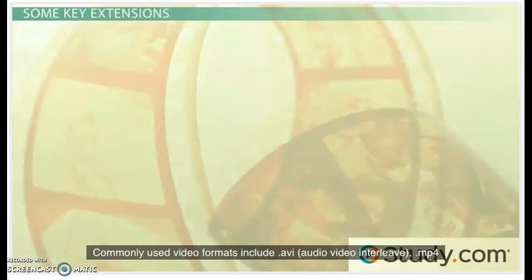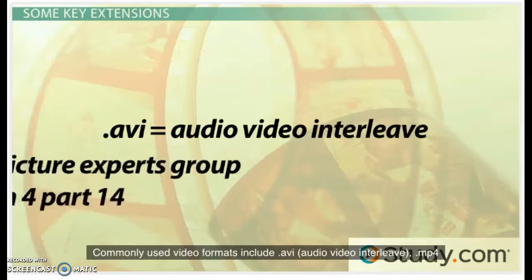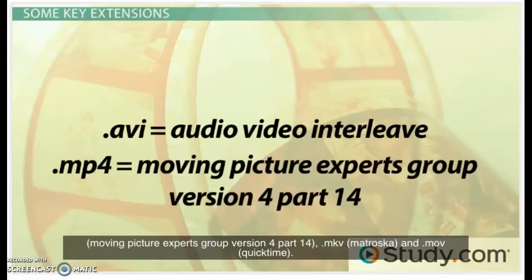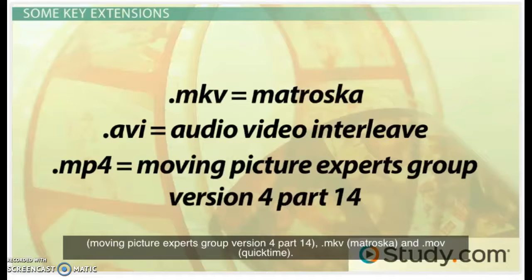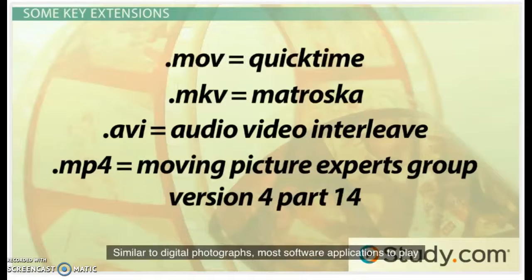Commonly used video formats include .avi, audio video interleave, .mp4, Moving Picture Experts Group version 4 Part 14, .mkv, Matroska, and .mov, QuickTime. Similar to digital photographs, most software applications to play or edit multimedia can handle a variety of formats.